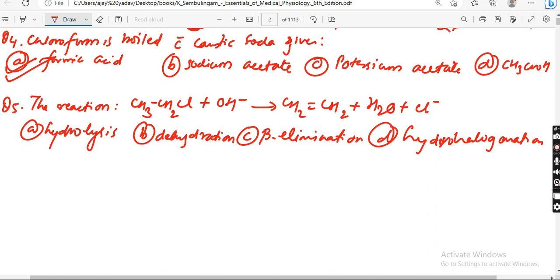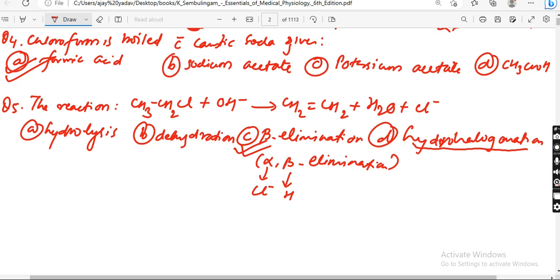So this reaction is actually dehydrohalogenation, not hydrohalogenation, but this term is not given in the options. So you should remember beta elimination. Actually this is alpha beta elimination. From the alpha carbon the chloride is removed, and from the beta carbon hydrogen is removed.